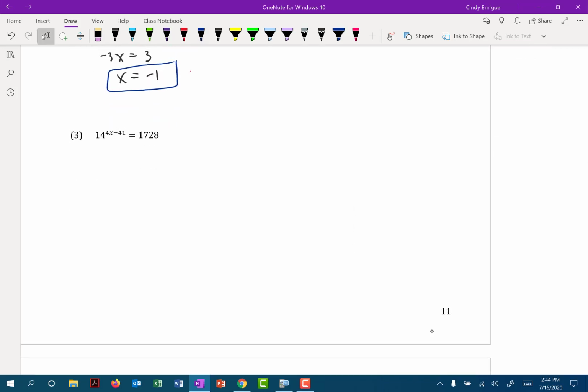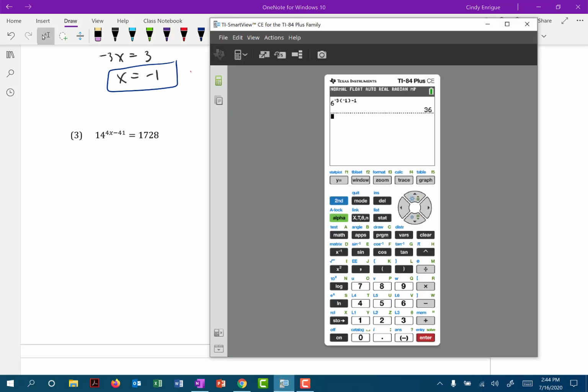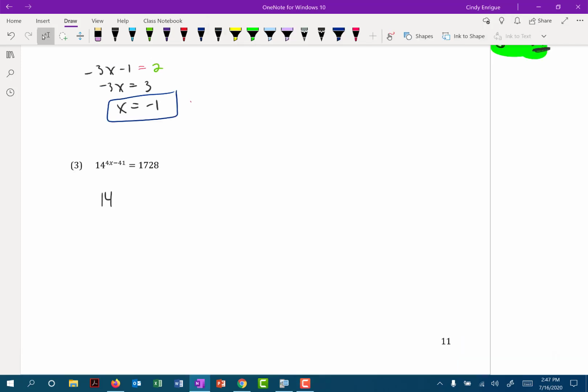And now I'm going to try the exact same thing for number 3. Well, I see what I did wrong for number 3. There is a typo.